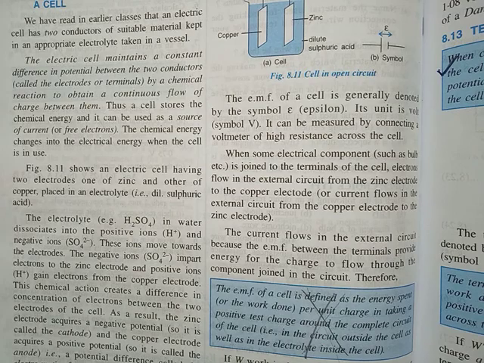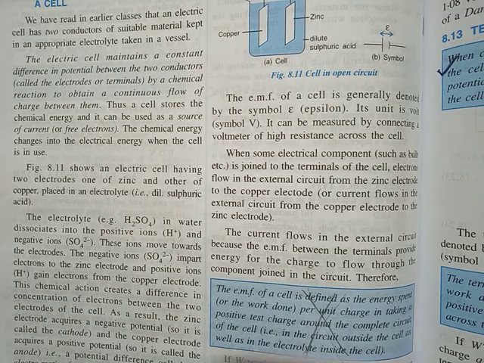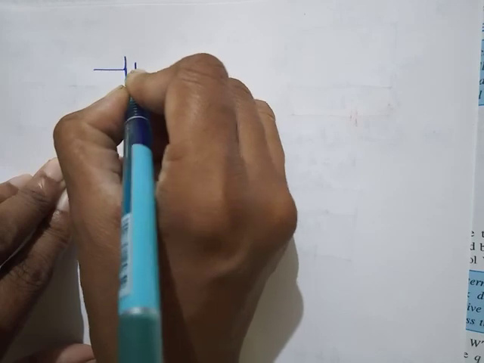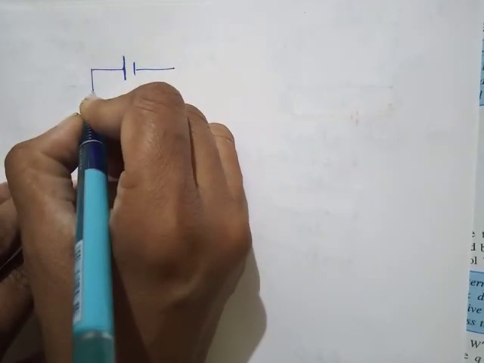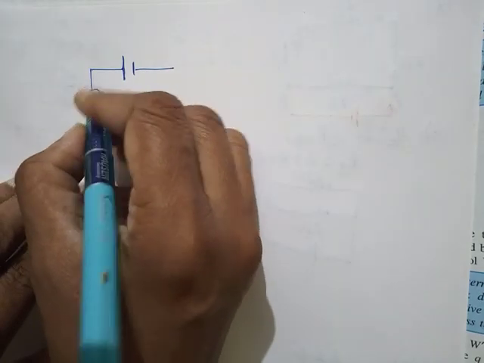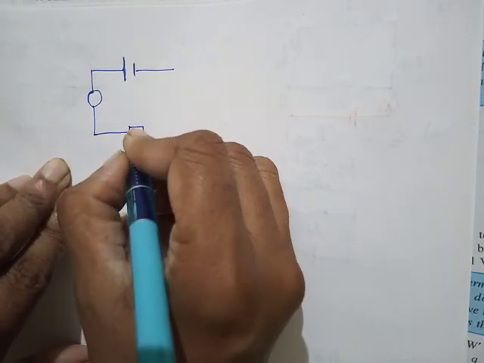Now, let's take a battery. Okay, and this is a switch, and then there is a bulb.